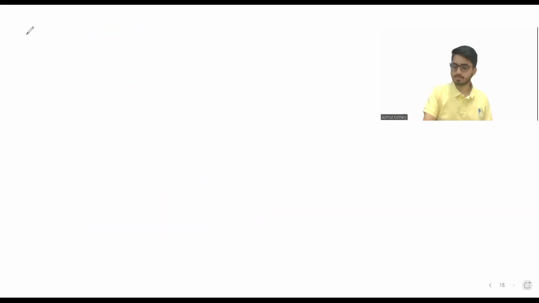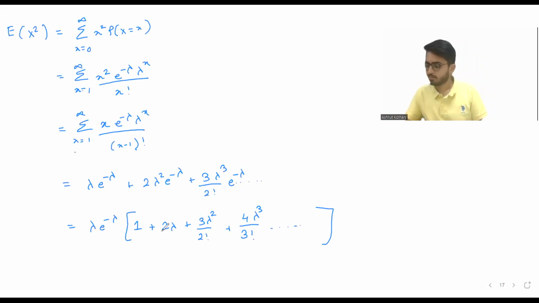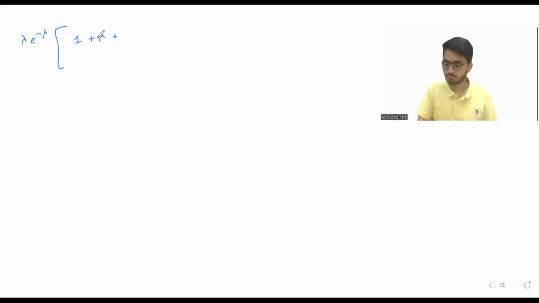I can write this as lambda e to the power minus lambda, 1 plus lambda, 1 plus 2 lambda, sorry, 1 plus 2 lambda.